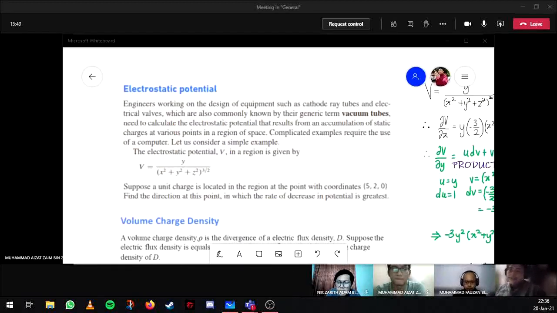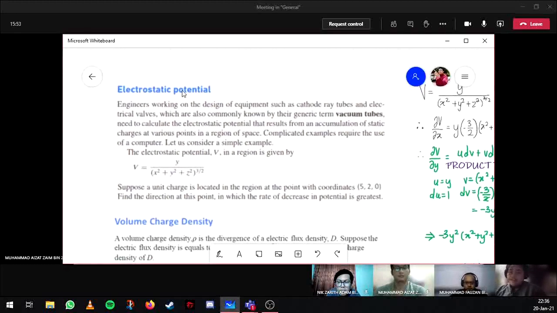For question 1, we are doing electrostatic potential. Here is the question. Engineers working on the design of equipment such as cathode ray tubes and electrical valves, which are commonly known by the generic term vacuum tube, need to calculate the electrostatic potential that results from an accumulation of static charges at various points in a region of space. Complicated examples require the use of a computer.